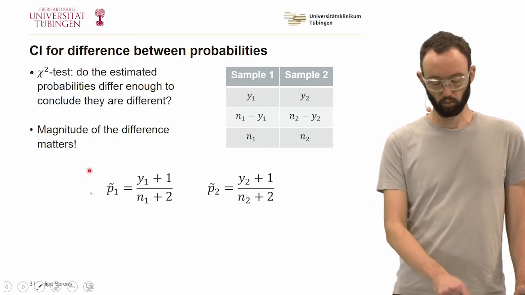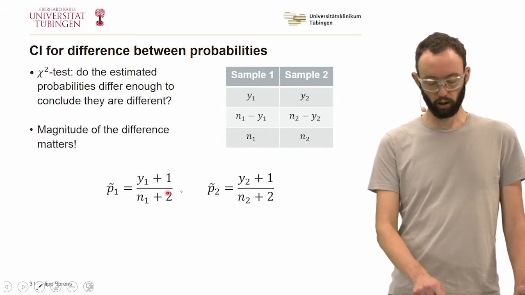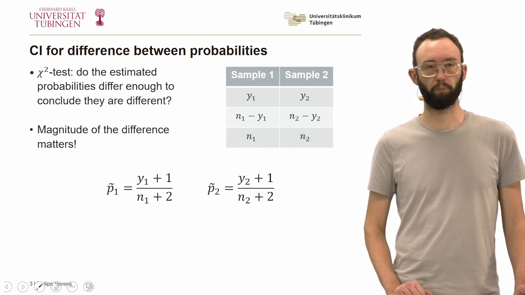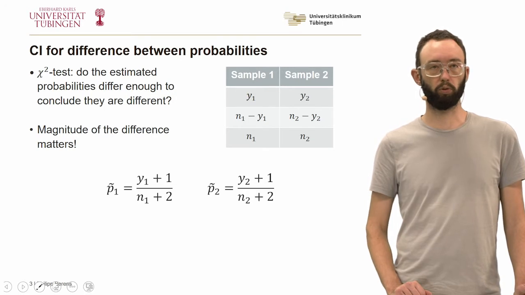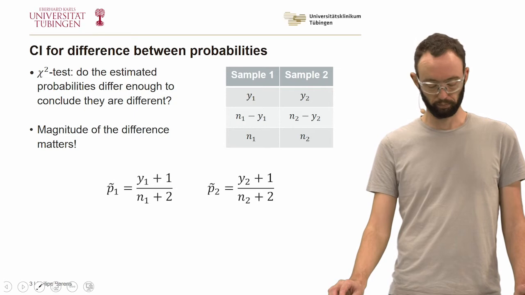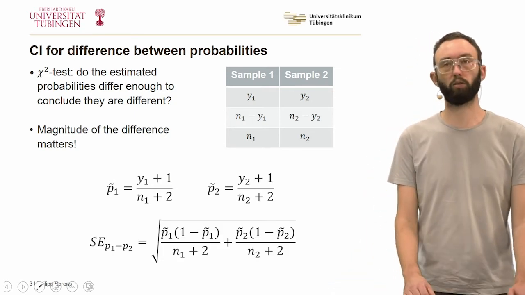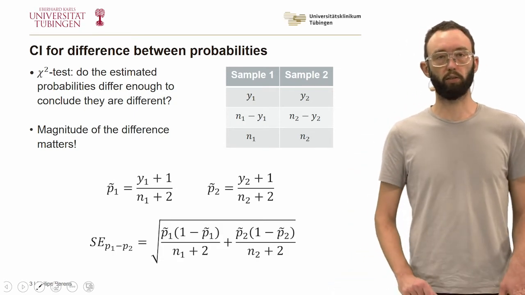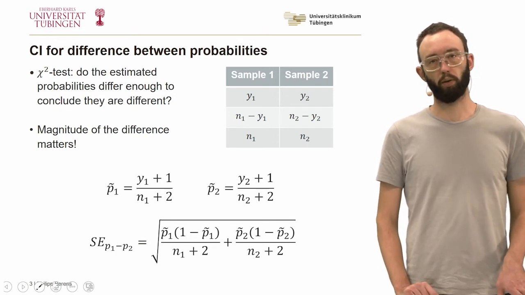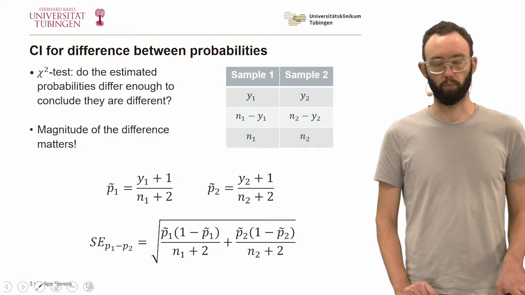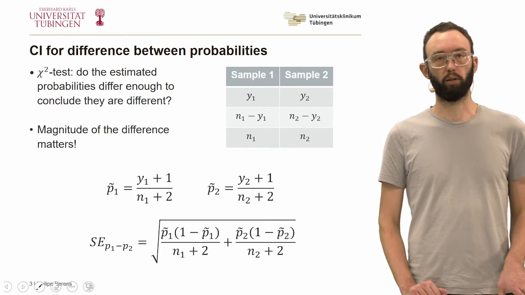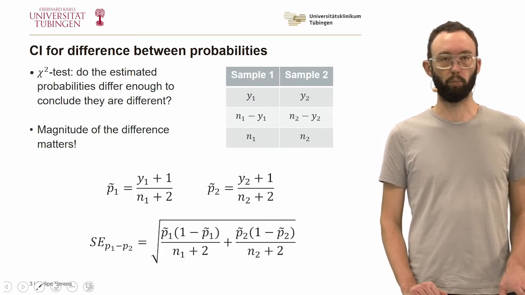In this case, we use a slightly different version that just adds one fake sample to both of the two estimates, and use that to compute the sample estimate of the probability. We can then compute the standard error of the difference between these two probabilities in a similar way as we did in the case of continuous data, simply by taking the pooled variability between the two samples.